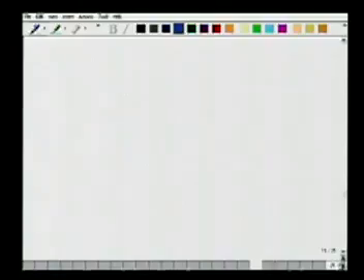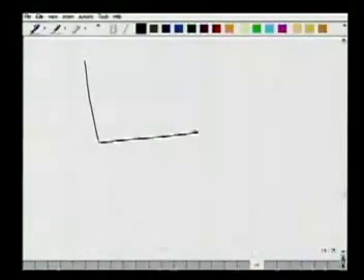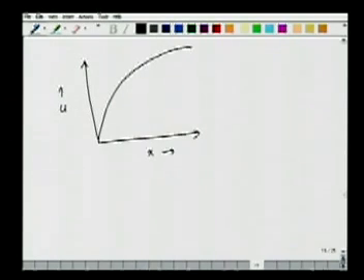So if I plot the function, here is x, here is u, you will see that your u exact will do something like this, and this is half, this is 1.